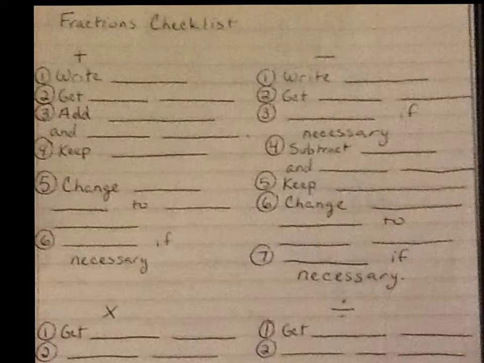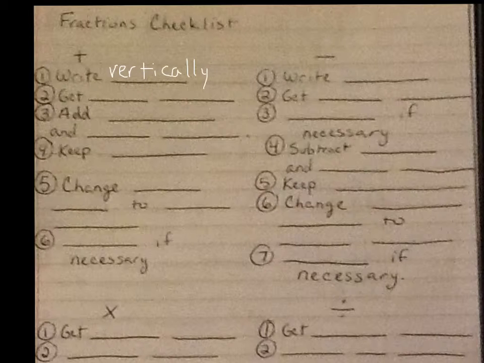Okay, so let's start with the adding, which is the very first one. Obviously the first thing you do, hopefully we all remember, is we write the problem vertically. Then once you write the problem vertically, you get common denominators if you do not already have them.